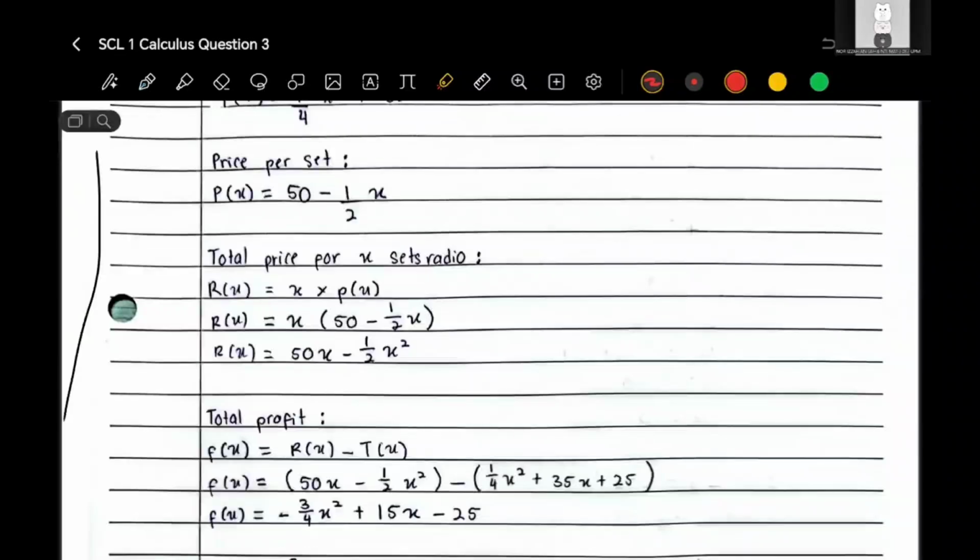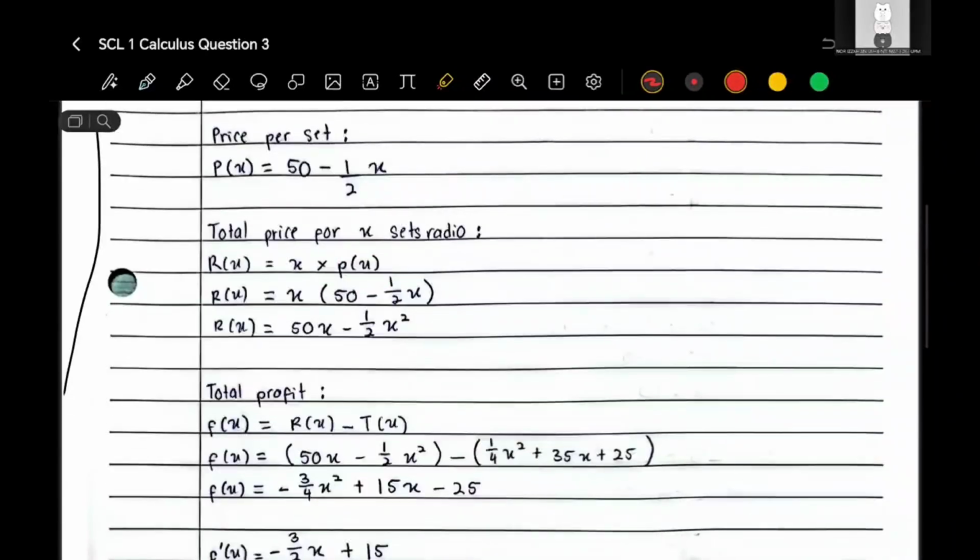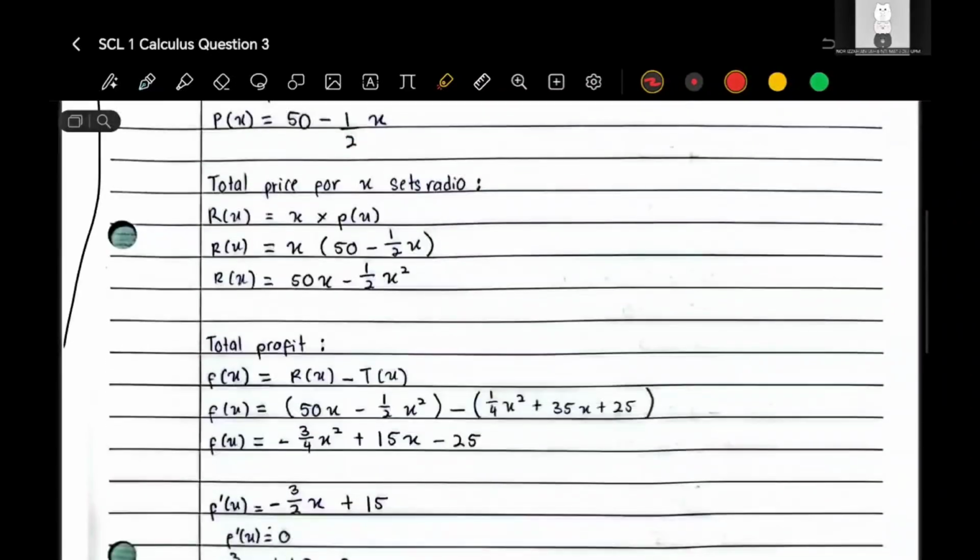Now we have to calculate the total revenue for x radio sets, which I denote as R(x): x is the total number of radios multiplied by the price per set. Then we get R(x) equal to 50x minus 1/2 x squared.